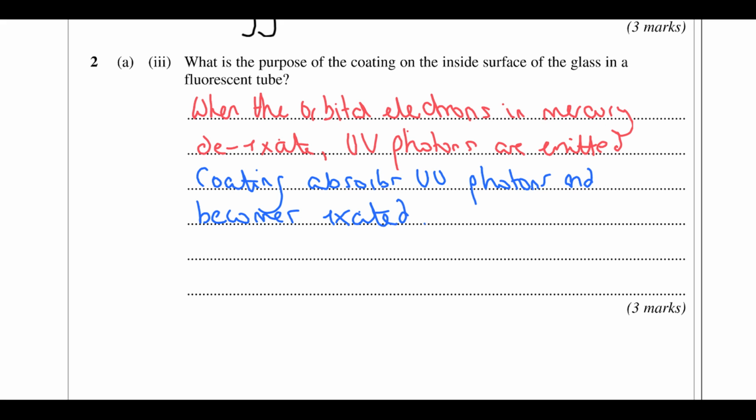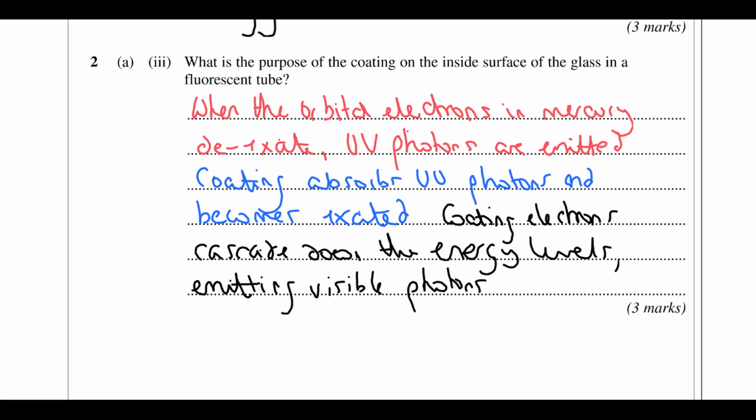And then the coating electrons which are excited are then going to cascade down the energy levels. And in doing that, cascading down the energy levels, they're going to emit visible photons.